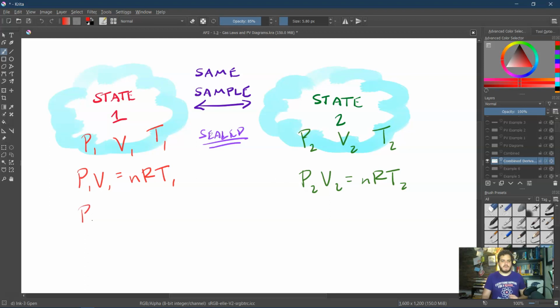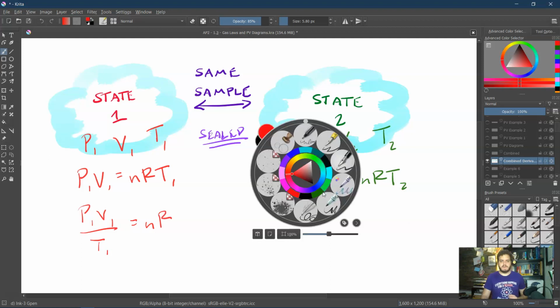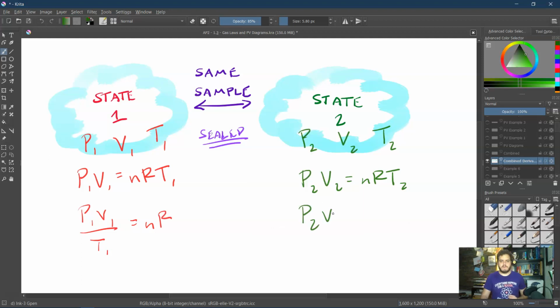So I'm going to have P1 V1 over T1, just divide that across, is equal to nR. And similarly, I have P2 V2 over T2 is equal to nR. But let's notice something. R is a constant, and n is a number of moles. As long as it's sealed, that should also be the same.